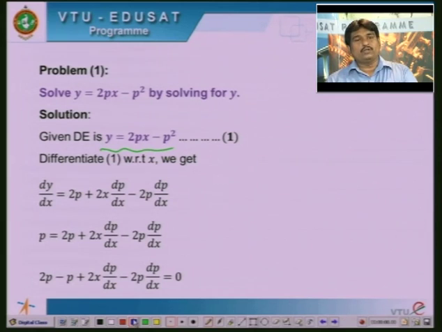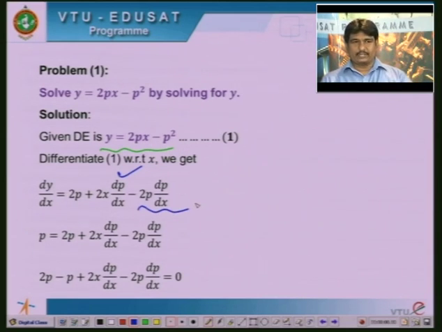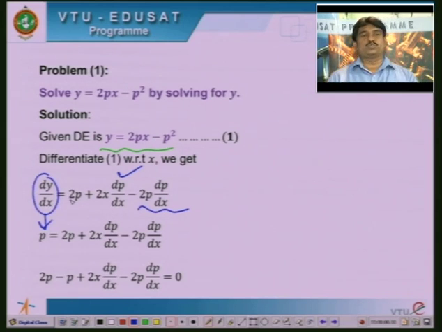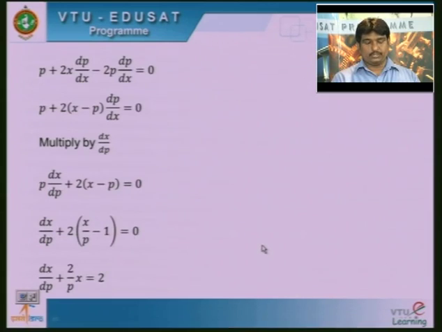Apply product rule. 2p into derivative of x is 1, plus 2x into derivative of p is dp by dx, minus derivative of p square is 2p into dp by dx. Write dy by dx as p, equals to 2p plus 2x into dp by dx minus 2p into dp by dx as it is. You simplify this to get 2p minus p plus 2x into dp by dx minus 2p into dp by dx equals to 0.